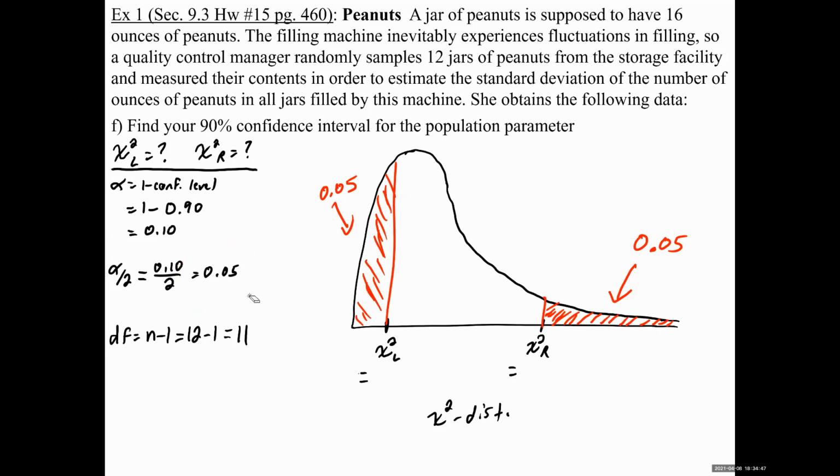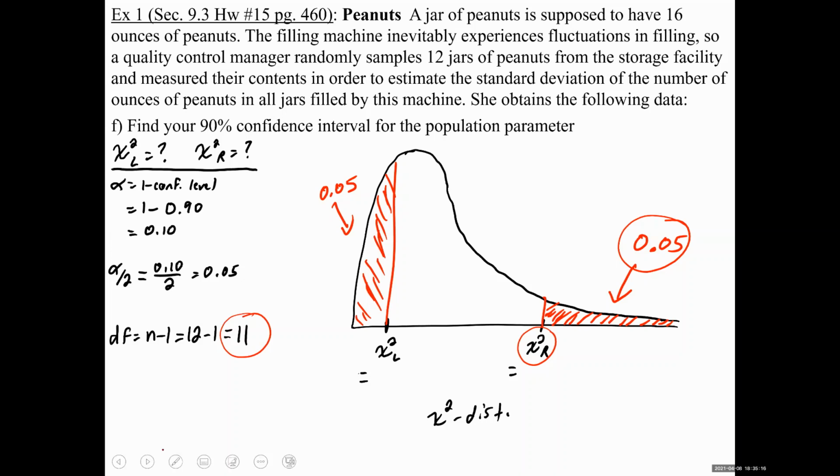Okay, now when it comes to chi-square table, this number is going to be the easy one to look up, and then we'll have to do a little bit extra work to look up the one on the left. Why? Because for chi-square right, I know the area to its right. In order to look up something in the chi-square table, you need to know the area to its right. Okay, so the area to the right of this one is 0.05, and degrees of freedom is 11.